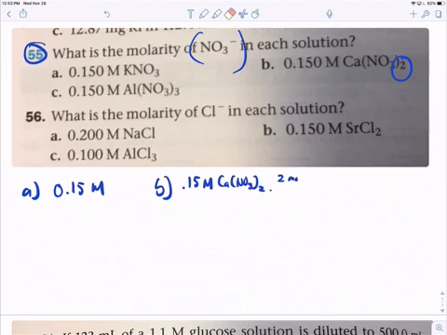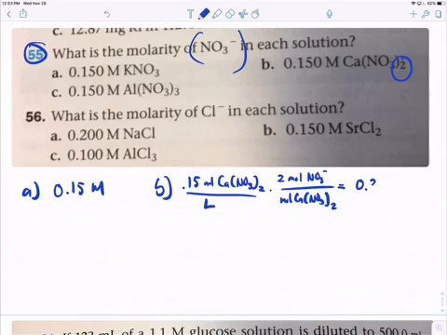Actually, okay, I'll do this. 2 moles NO3 minus per mole, this will be 0.3. So the capital M, molar, means moles per liter.